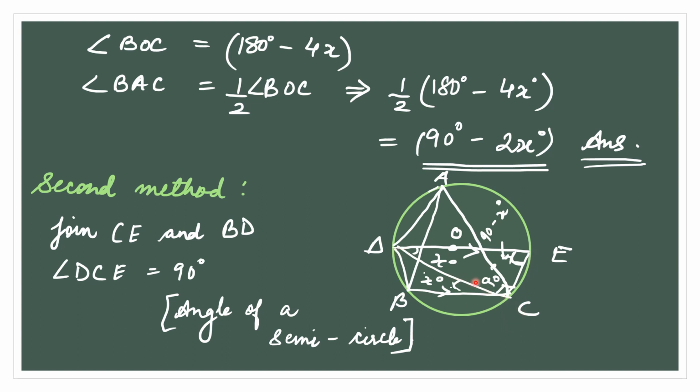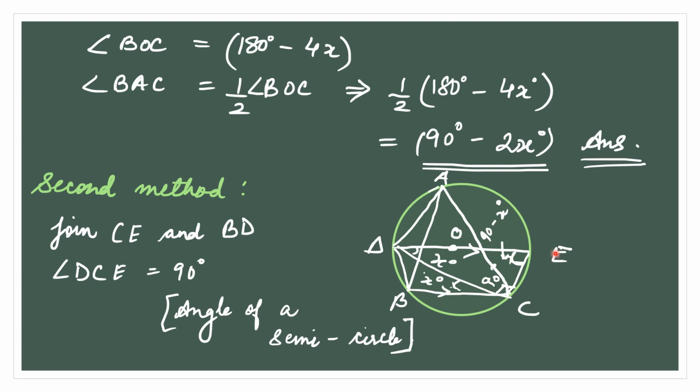In triangle DCE, what is the value of angle DEC? Angle DEC is equal to 180 minus 90 minus x degree, because it is a triangle. So 180 minus 90 is 90, minus x degree, that is 90 minus x degree is this angle.